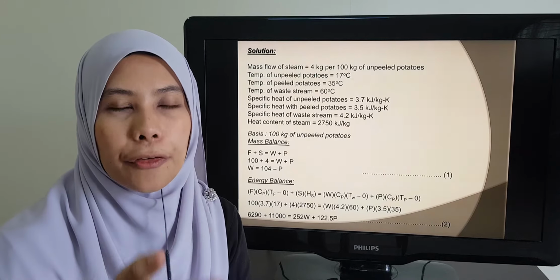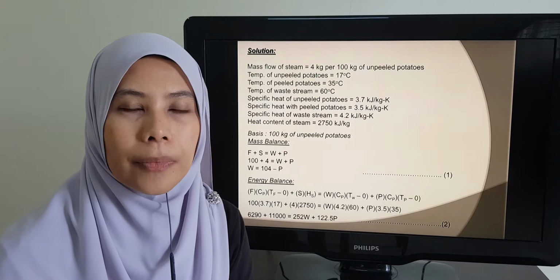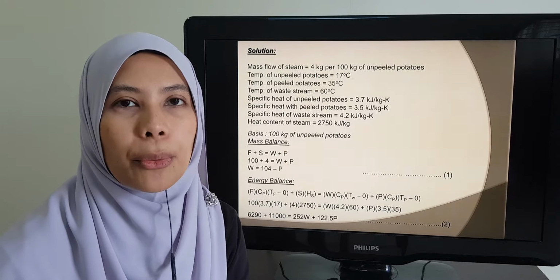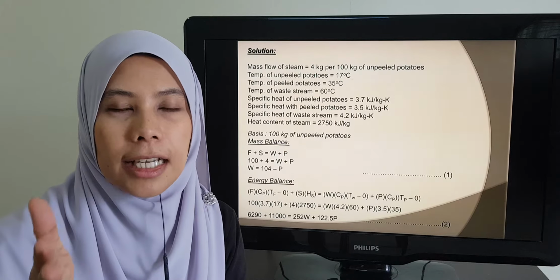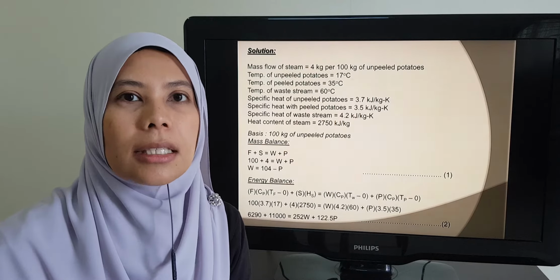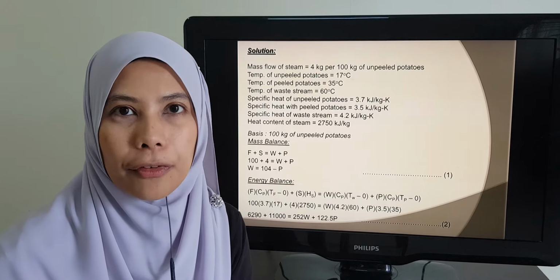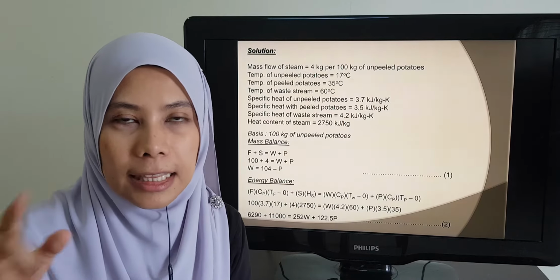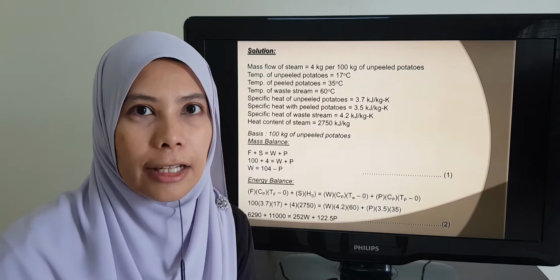For example, 15 degrees Celsius converted to Kelvin, you need to add 273.15 to get the temperature in Kelvin. 15 degrees Celsius minus 5 degrees Celsius, where 5 degrees Celsius converted to Kelvin is 5 plus 273.15. You will still get the temperature difference, delta T, as 10 degrees Celsius and 10 Kelvin.